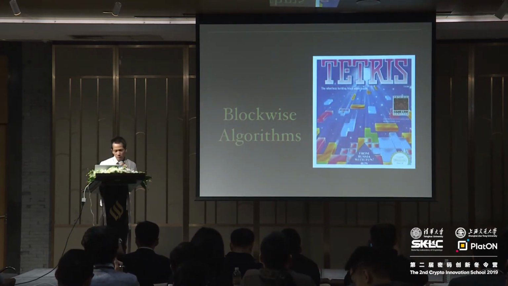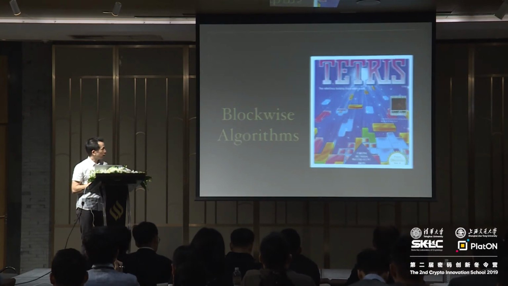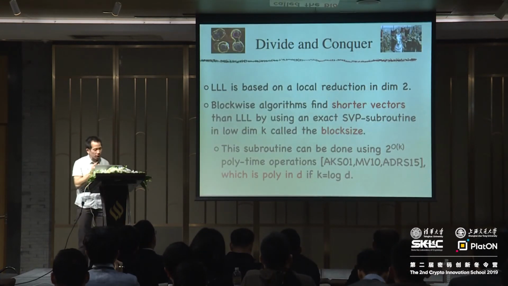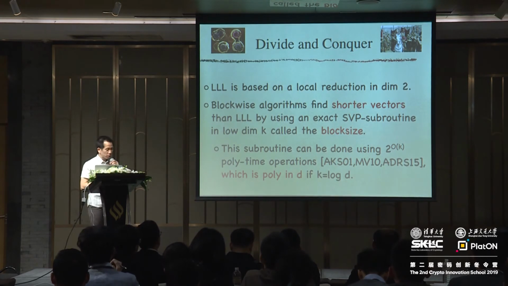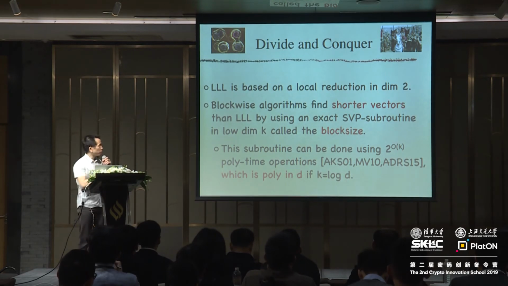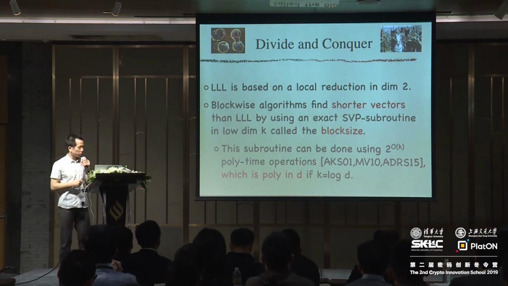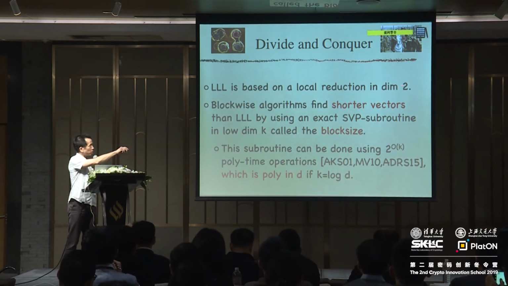Okay, so I have about 15 minutes left, so I just want to say how we can use the same ideas to get a better approximation factor. So in LLL, we implicitly use some kind of local reduction in dimension 2. So it's very natural to ask, can we do better by changing 2 into a higher number?